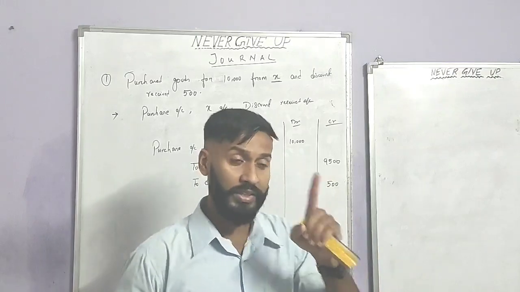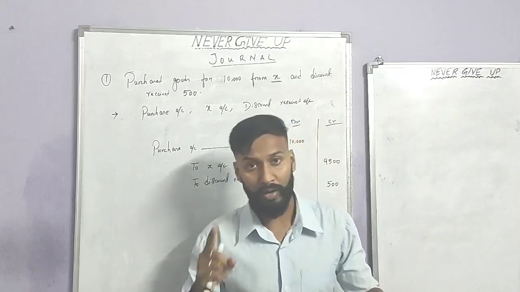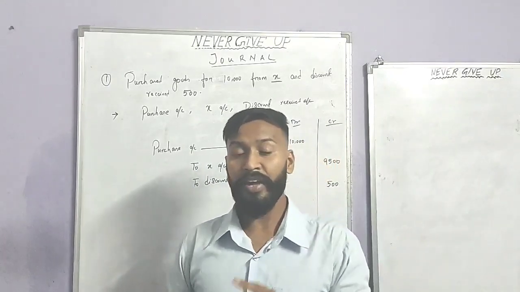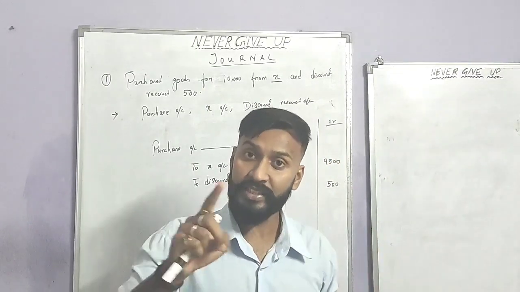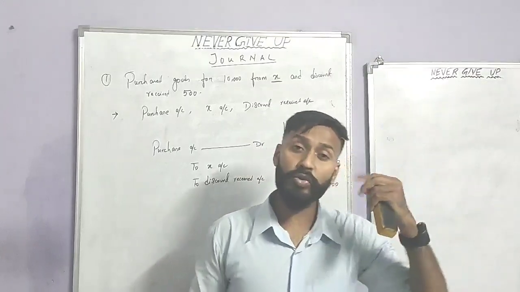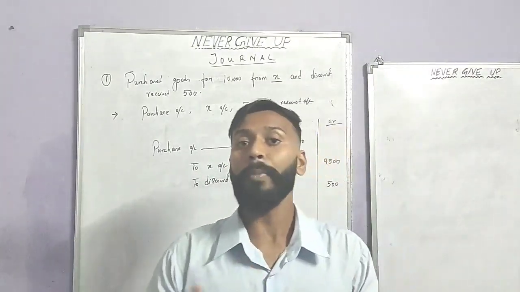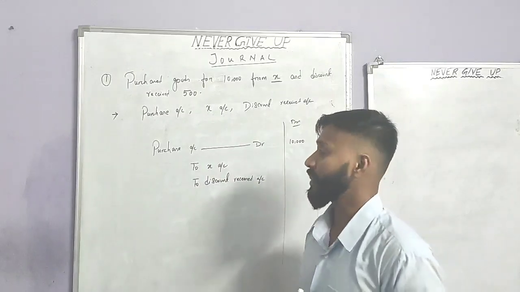If there is one debit and one credit account, it is a simple journal. And if there is one debit account and two credit accounts, it is a compound journal. If there are two debit accounts and one credit account, that also is a compound journal.